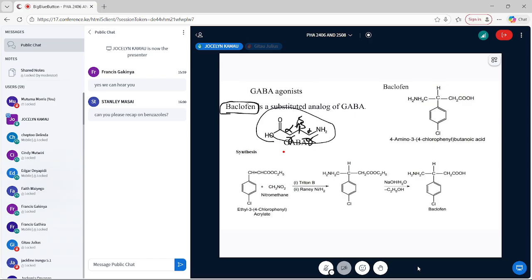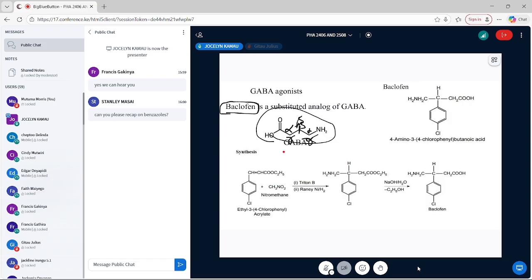So that is the alpha position, that's the beta position, that's the gamma. That's why we call it gamma amino 1, 2, 3, 4 butyric acid. So when you look at the acid, that is the alpha carbon, this now is the beta carbon, and this here is the gamma carbon.